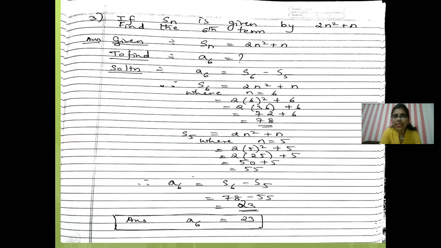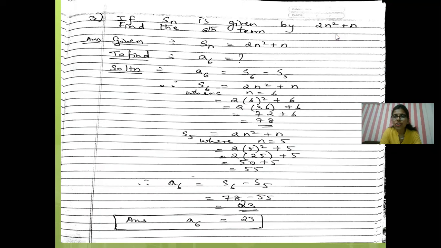So 2 plus 5 is 7. Now S2. So 2 into 2 square plus 5 into 2. 2 square is 4. 2 into 4, 8 plus 10, 18. So you get the value as 18. Now whatever values you get, you subtract and get the answer. So that is the final answer. Put it in a box. Now we go to the next sum.